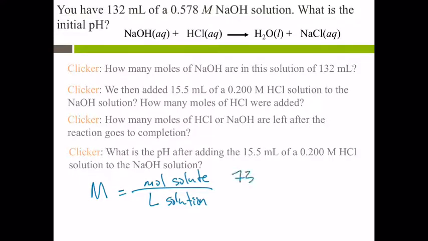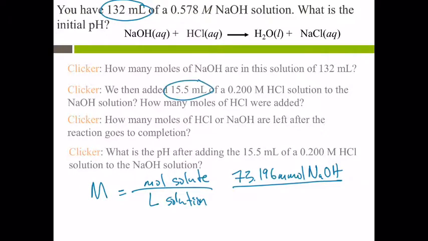So we have 73.196 millimoles of NaOH in a volume of, we started out with 132 mL, we added 15.5, so we have a total of 147.5 milliliters of solution. The nice thing to notice here is we don't actually have to convert from milli to non-milli, because we have a milli on the top and a milli on the bottom.